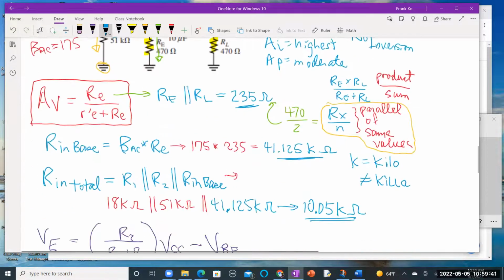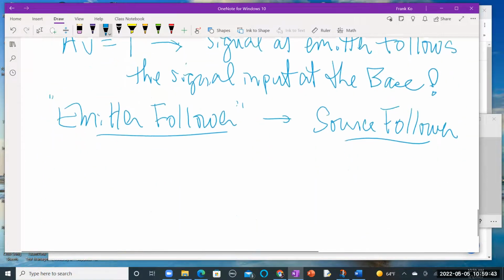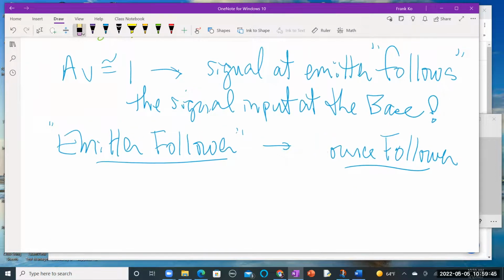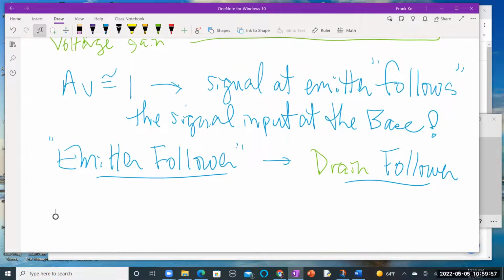So this would be drain follower. Don't often use the term, but there you go. It's another follower circuit, and that's why your gain is going to be 1. That should answer your question number 2 on your homework.